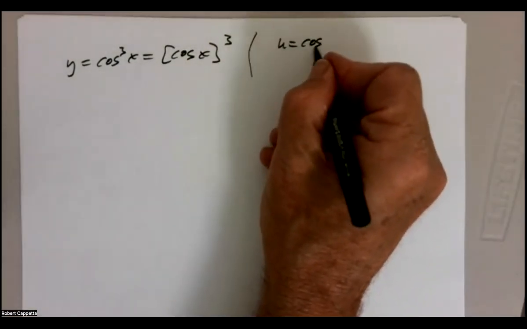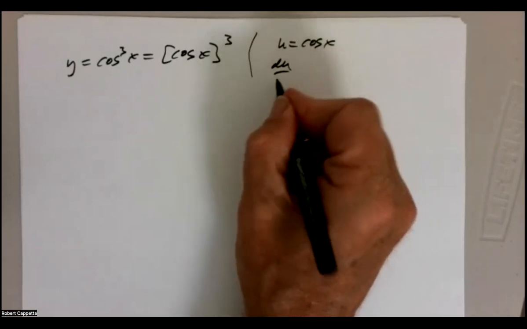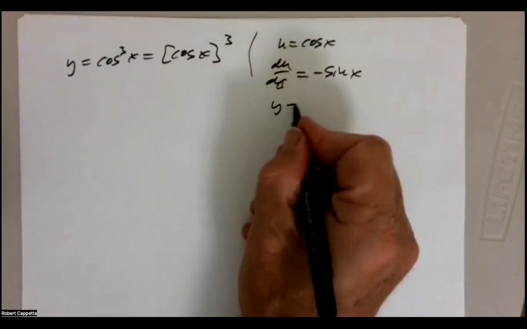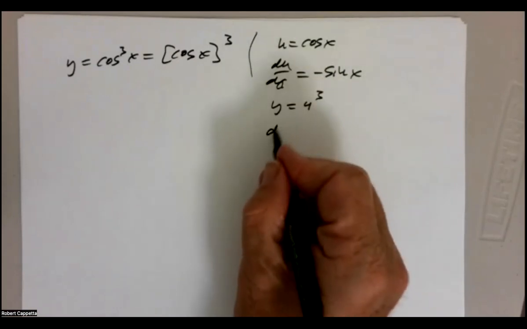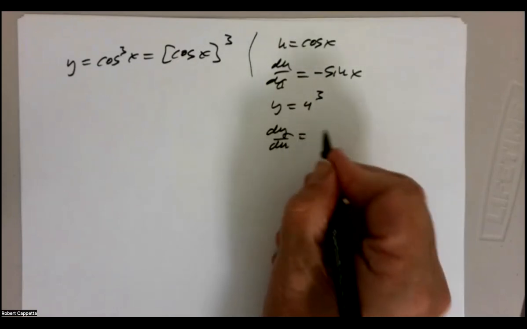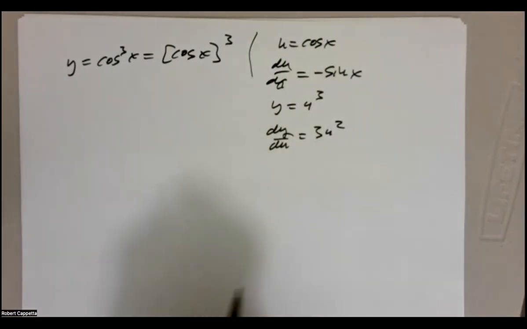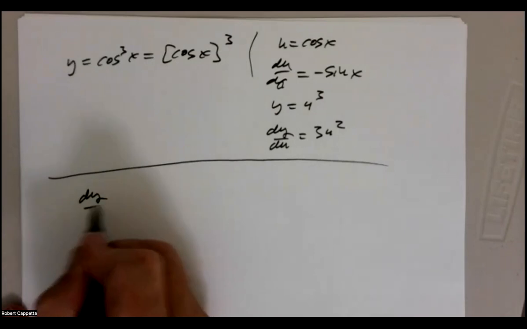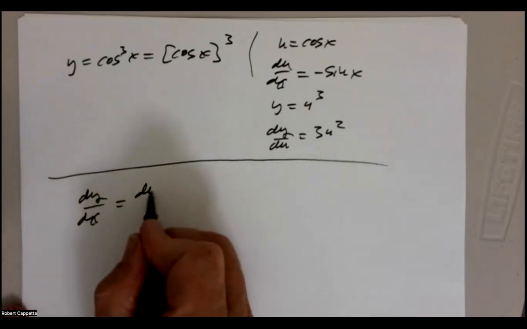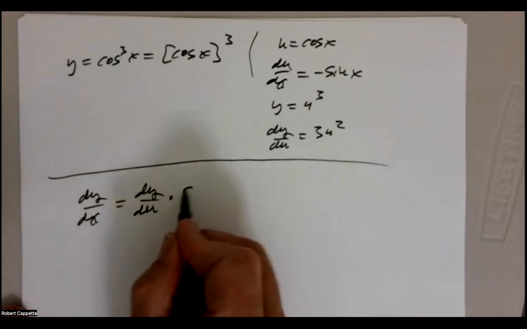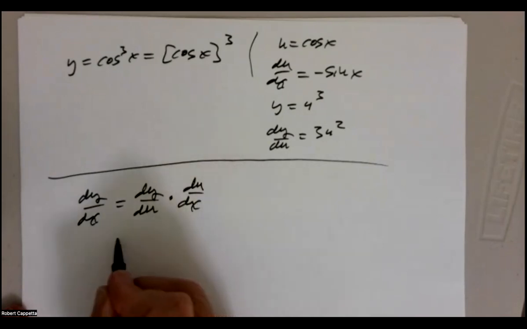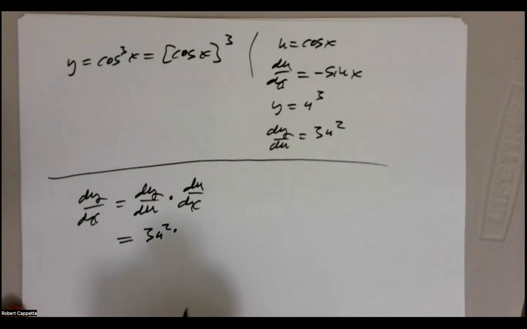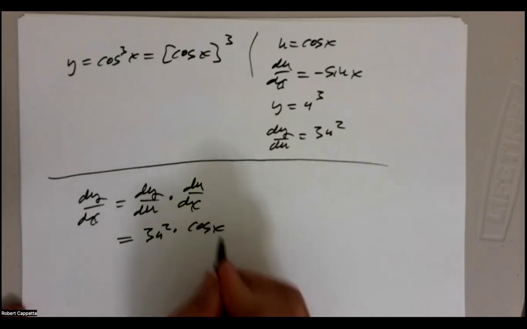So u is cos x, du/dx is negative sine x. y is u to the 3rd, dy/du is 3u squared. Then what do we say? dy/dx is dy/du times du/dx. dy/du, 3u squared, times du/dx.